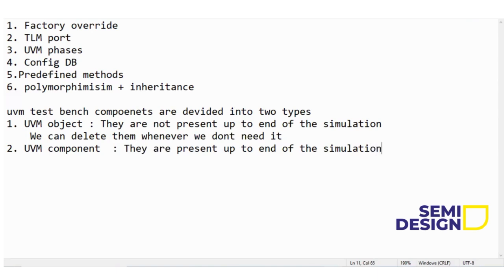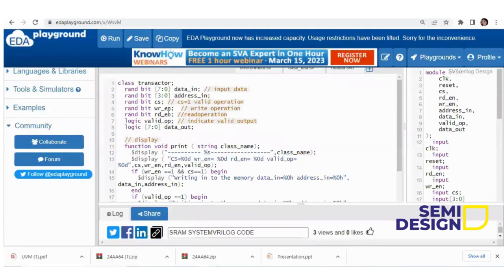Just go back to SystemVerilog. In SystemVerilog, there is a driver component and a transaction component. I can delete the transaction. This is my transactor class. It is used inside the generator, driver, monitor, scoreboard.